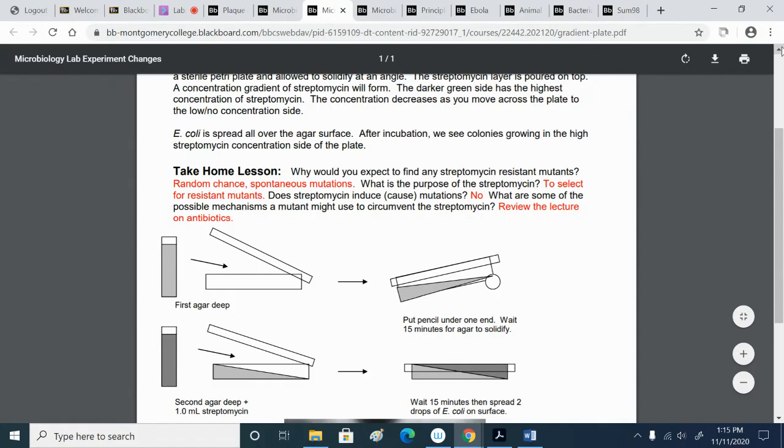And then what are some of the possible mechanisms a mutant might use to circumvent or to resist the streptomycin? So we talked about several possible mechanisms in lecture. Does anyone remember some of those possible mechanisms?